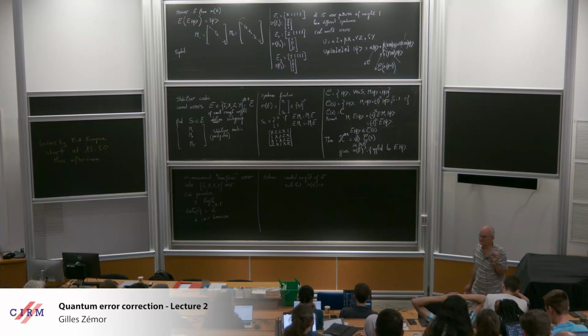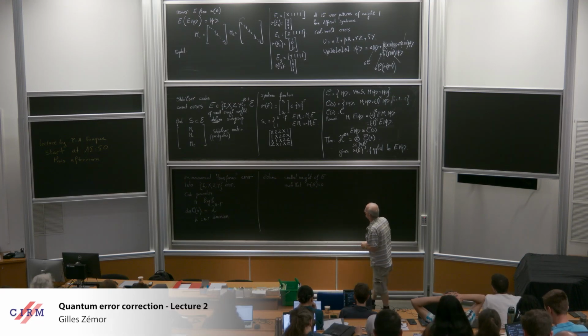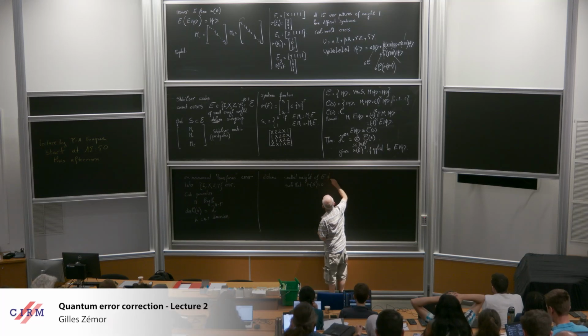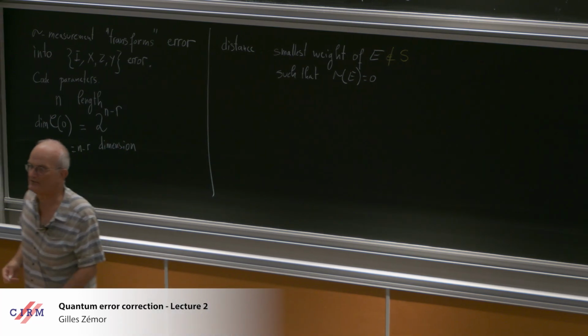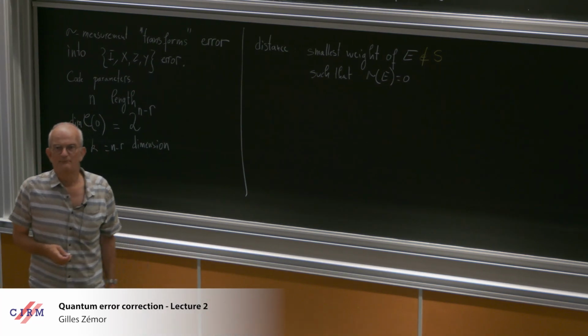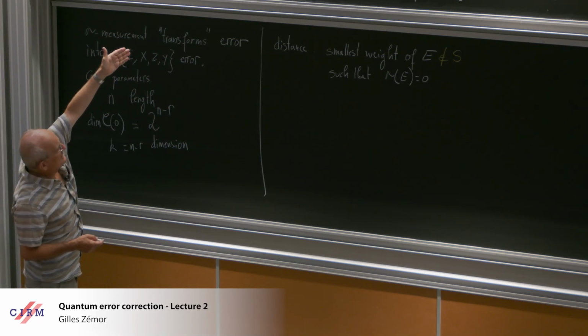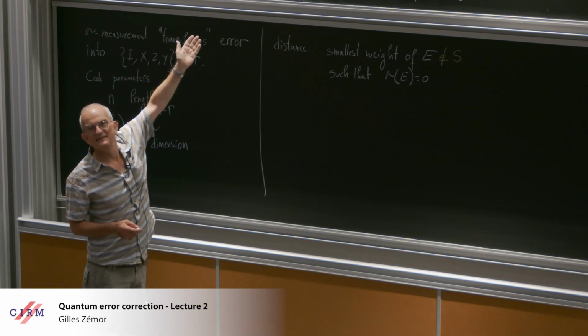A small but significant difference with the classical case. That was the definition in the classical case. And here I'm going to add: smallest weight of E that doesn't belong to the stabilizer group of errors. Because by definition, our stabilizers, for example, our generators here, they stabilize the quantum state and they have zero syndrome.